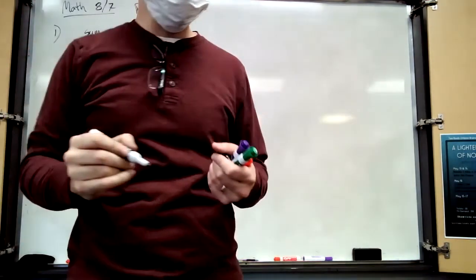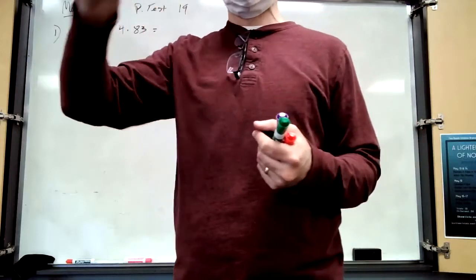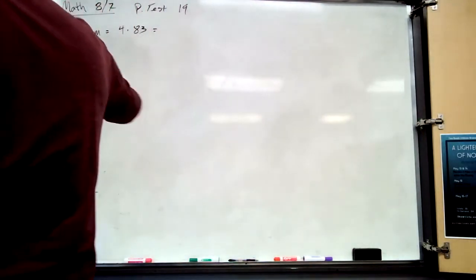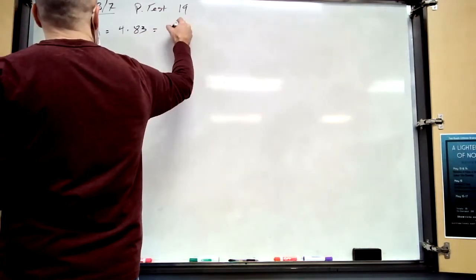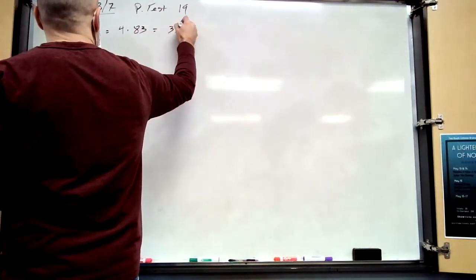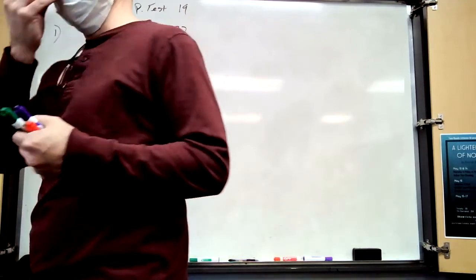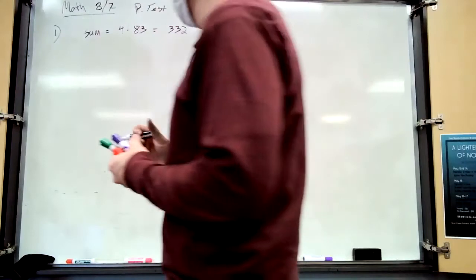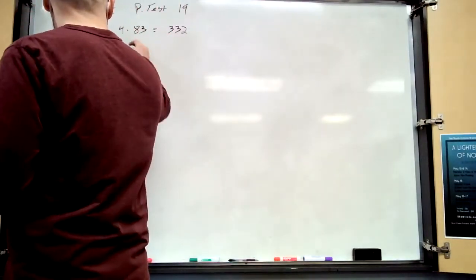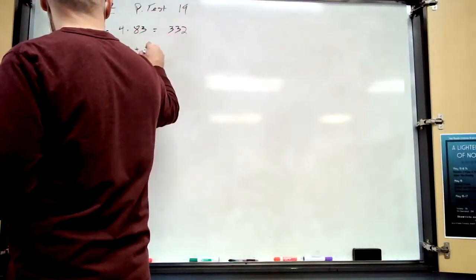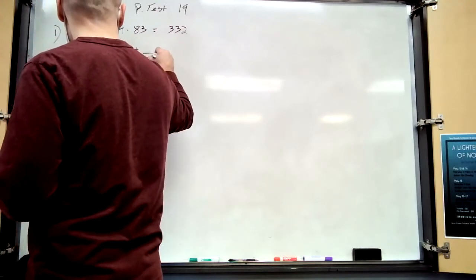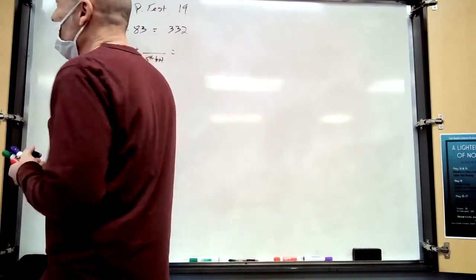Okay, why do you need to know the sum? Because you want to be able to add 5 tests together and divide by 5 to get 85. So that's going to be 332, the sum of the 4 tests. So you want 332 plus this 5th test. And what do you need it to equal?